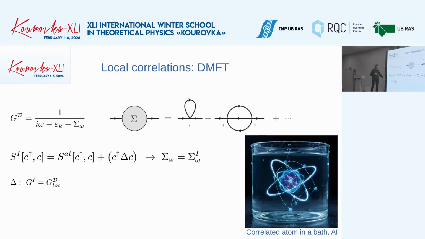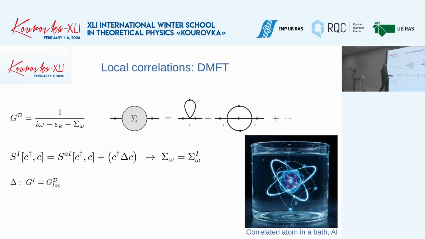And this is the famous DMFT self-consistency condition. It's very physical. You choose it in such a way that the impurity Green's function is equal to the local part of the Green's function of the lattice. That's it. The other things are purely technical.